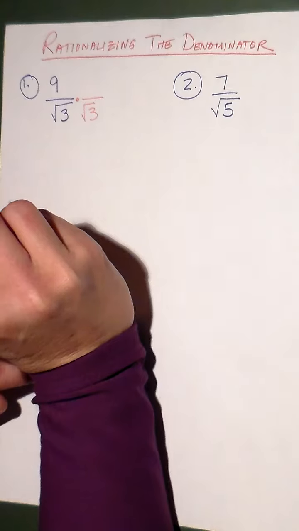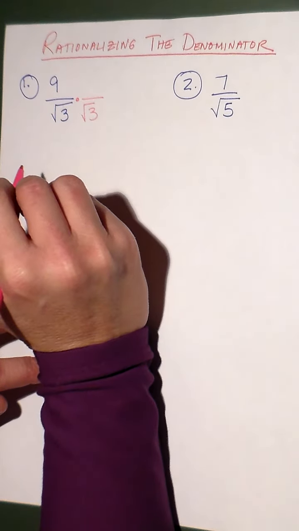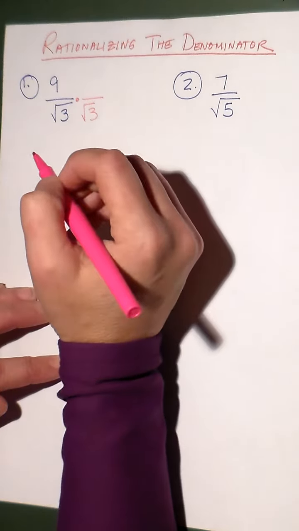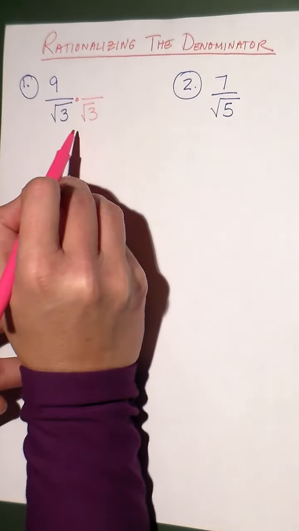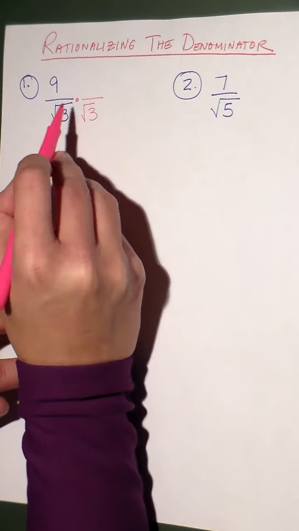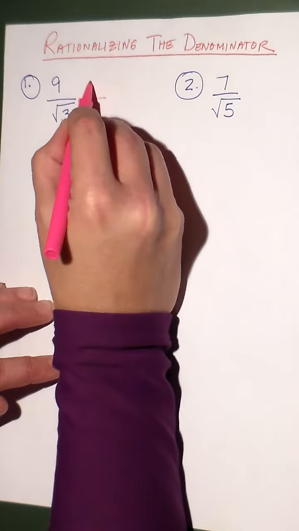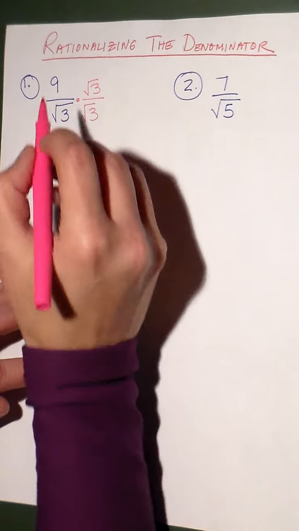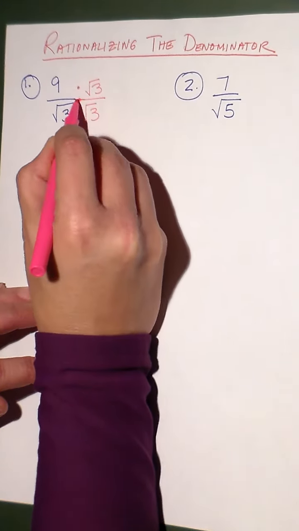Now, remember, if I want to keep the fraction the same value, I have to multiply by something that will keep the fraction the same value. If I multiply the bottom of the fraction by square root of 3, I have to do the same thing to the top, the numerator. Whatever I do to the bottom of the fraction, I must do to the top of the fraction.